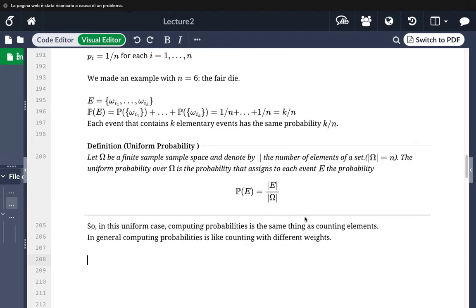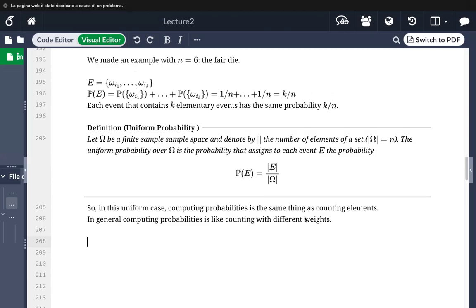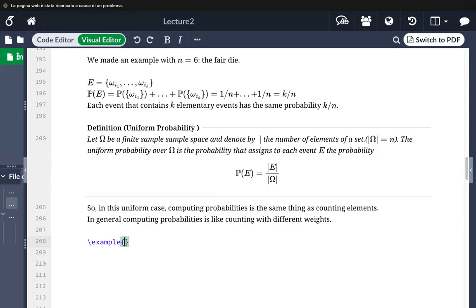So this is the first probability, which is really the prototypical example, and this example is so important that sometimes it is assumed to be the definition of probability. It is not. There are some examples, like the fair die, which we did, but the next example is the one of random extractions.